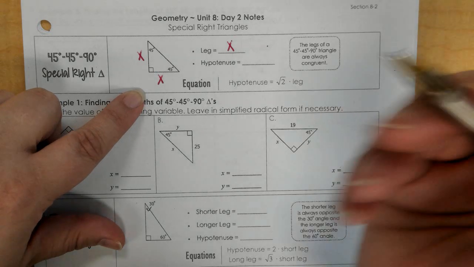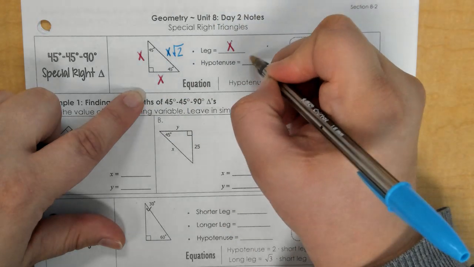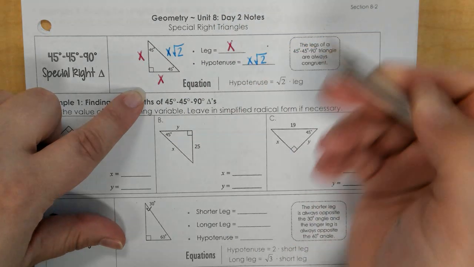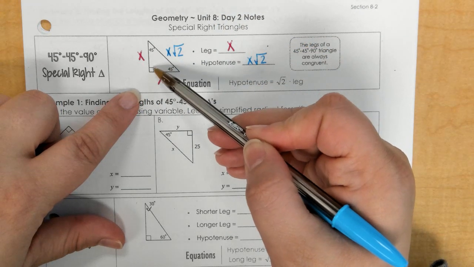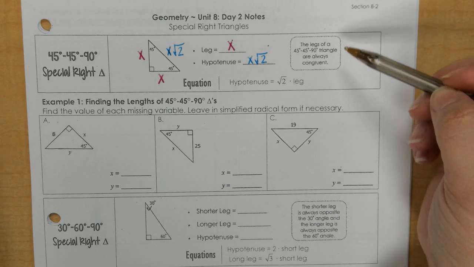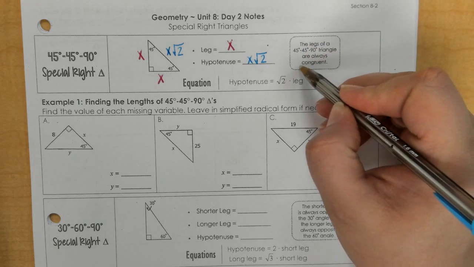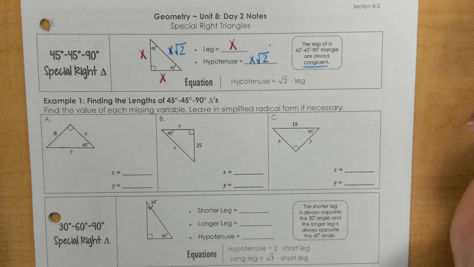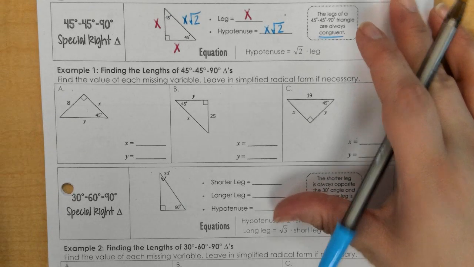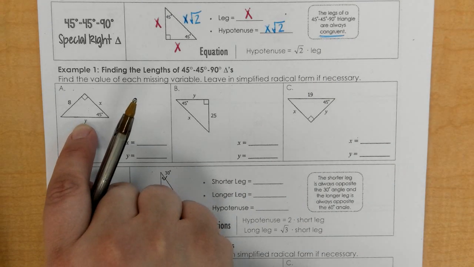Your hypotenuse is x radical 2. And of course you should know that the hypotenuse is across from the right angle. It does say here on the side, the legs of a 45, 45, 90 triangle are always congruent. Always.